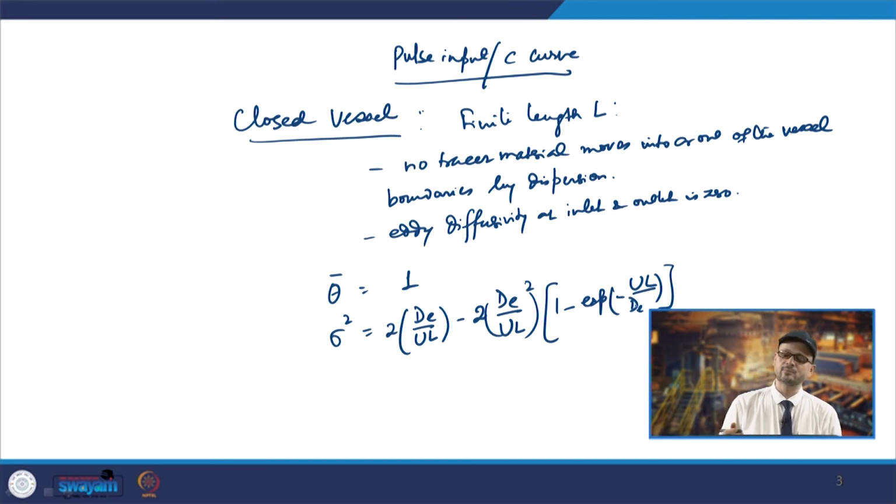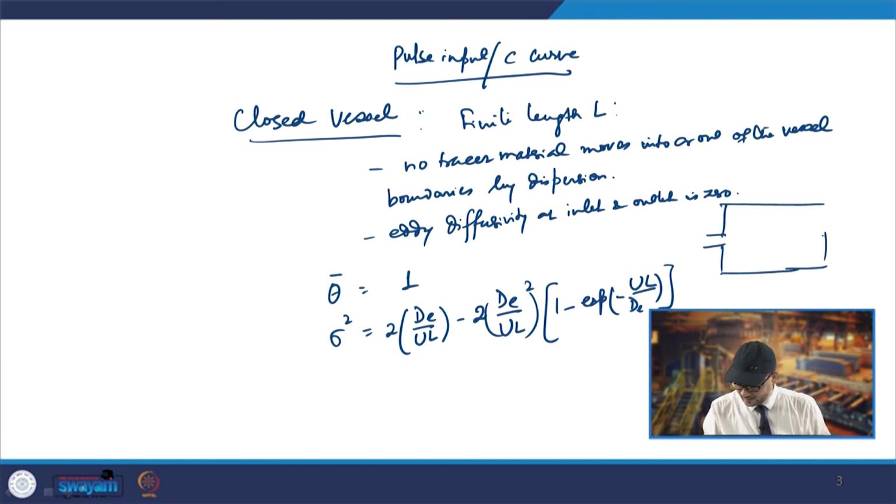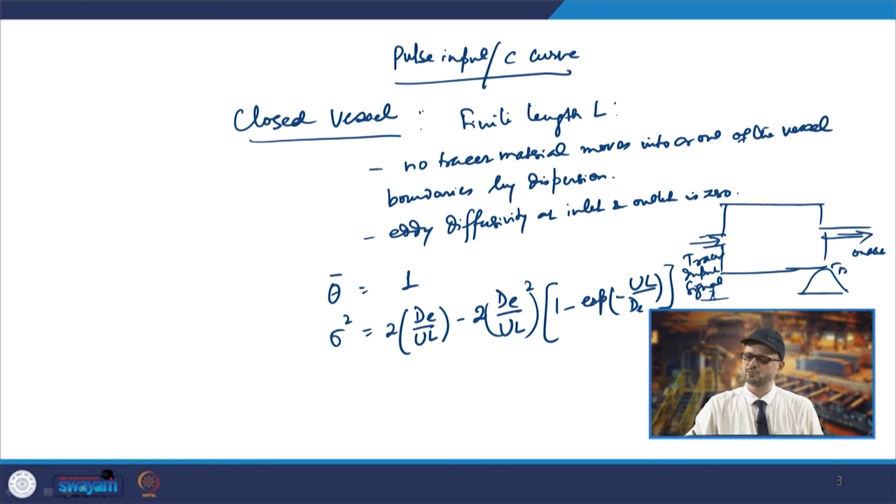So, the closed vessel will be characterized by this kind of system. You will have the vessel here, with the inlet here and the outlet here. You will have the tracer output signal from here, and this is your tracer input signal.